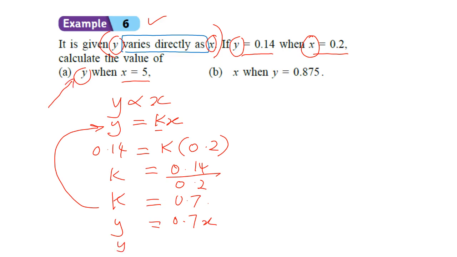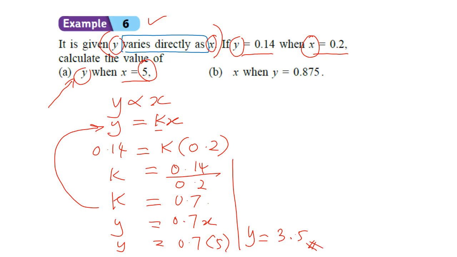So y will be 0.7, you substitute your 5, your x is 5. So your y will be 3.5. Yeah, 3.5. This is the answer.